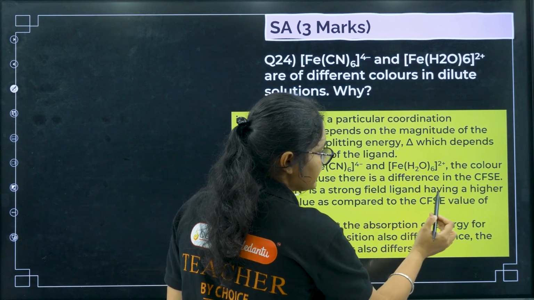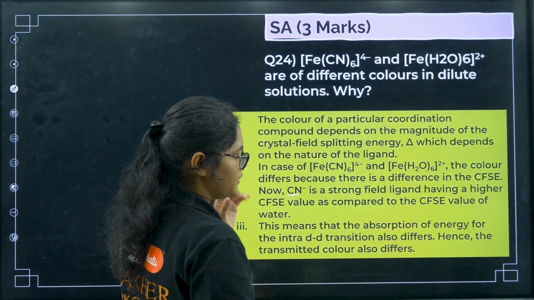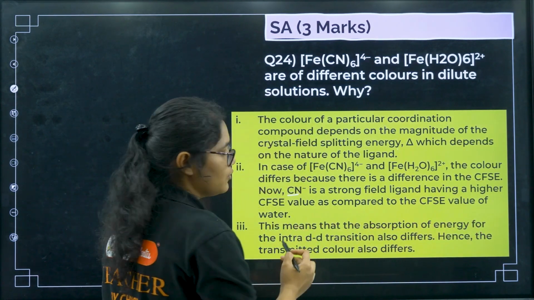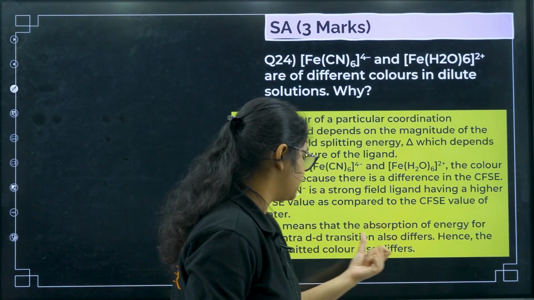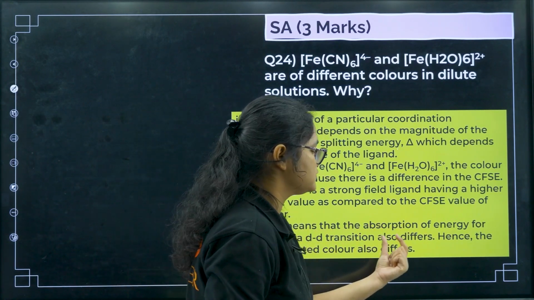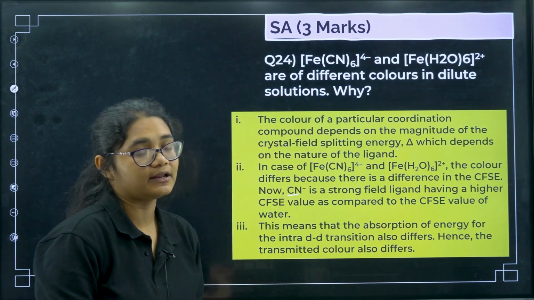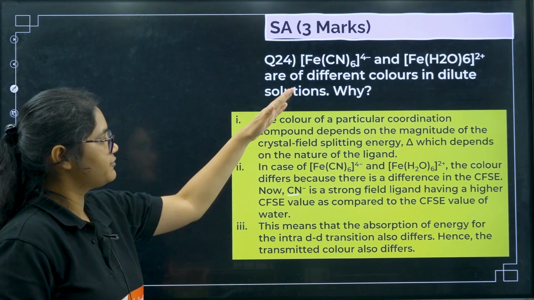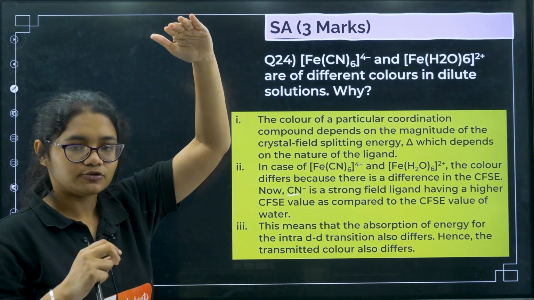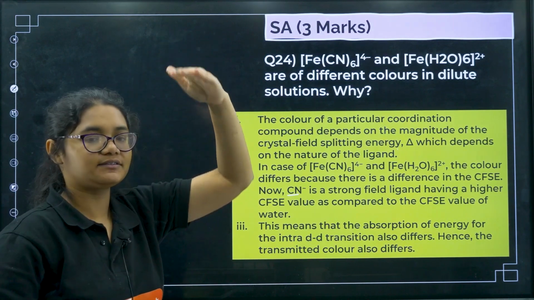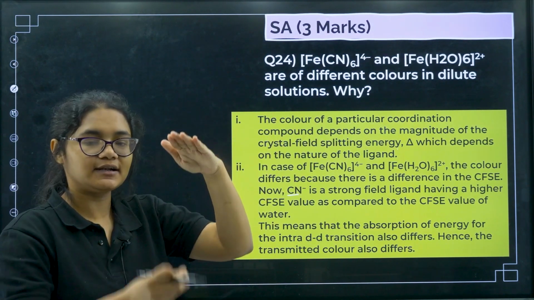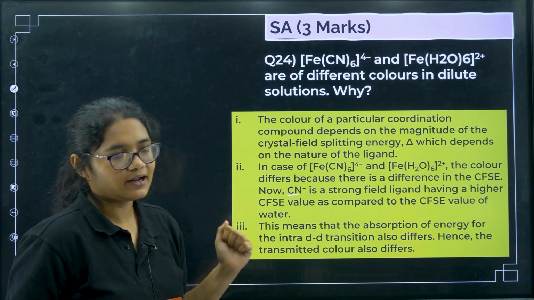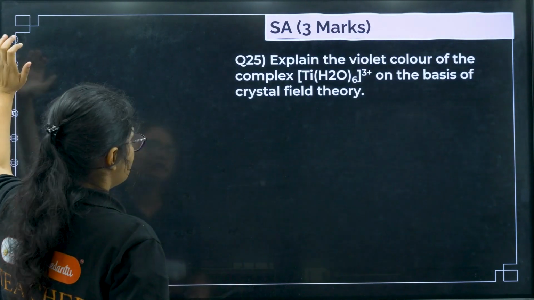CN is a strong field ligand having a higher CFSE value compared to water, which is a weak field ligand. This means that the absorption of energy for the d-d transition also differs, and hence the color is also different. In Fe(CN)6 the splitting is high, so the energy required for d-d transition is different, whereas in Fe(H2O)6 the splitting is low, so the energy required for transition is different, and that is why the color is also different.